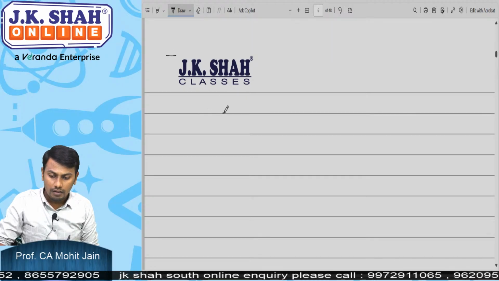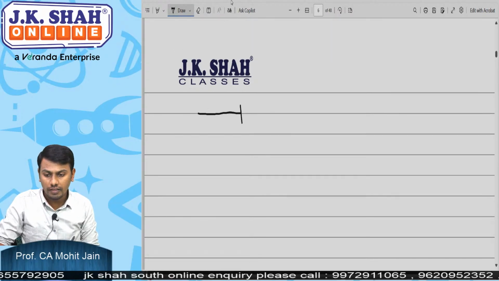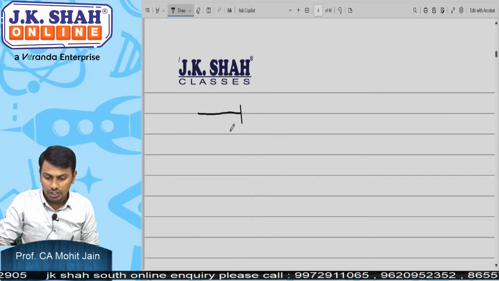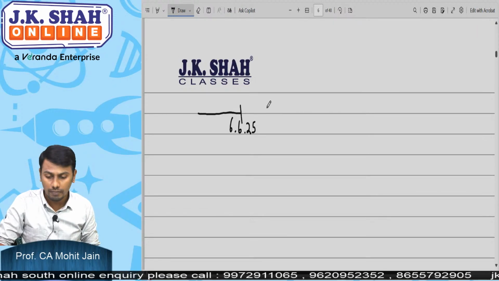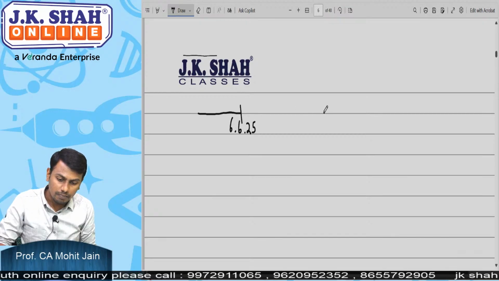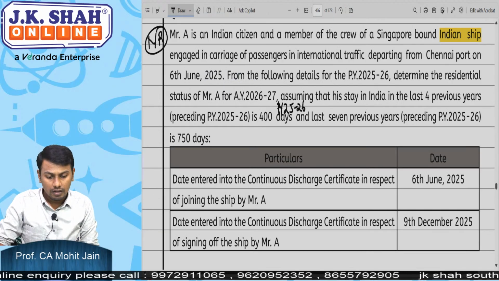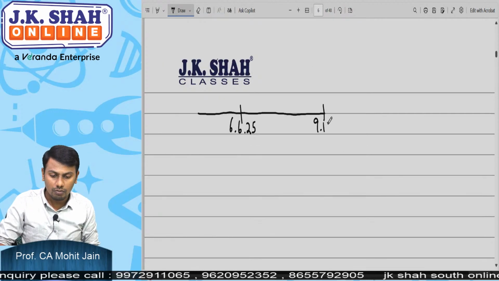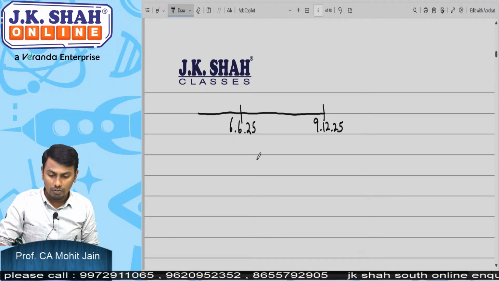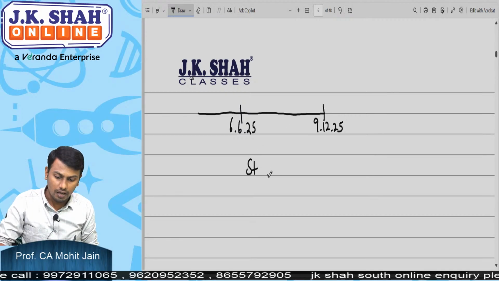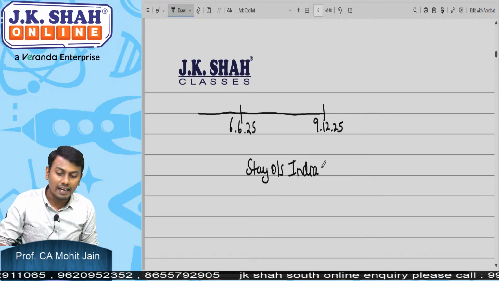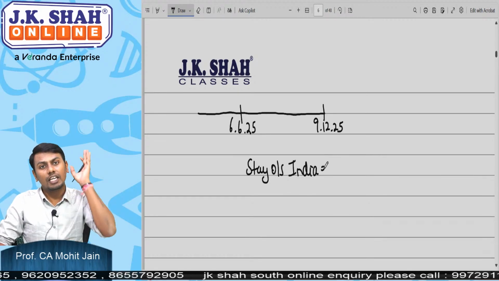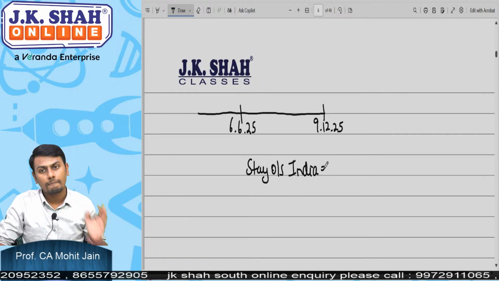So, when did he join the ship? 6th June 2025 he has joined the ship. And when did he leave the ship? 9th December 2025. So first things first, can you say me what will be counted as stay outside India? Can I say till 5th June he was in India?